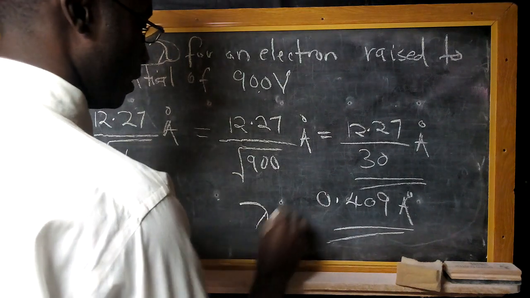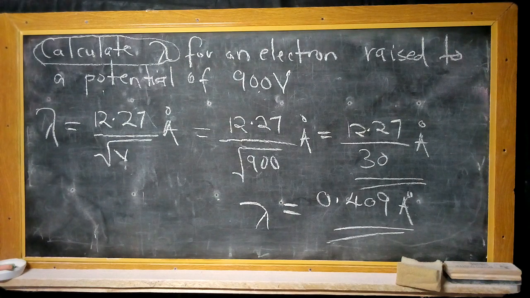So our lambda, using the simplified principle, yields 0.409 angstroms.